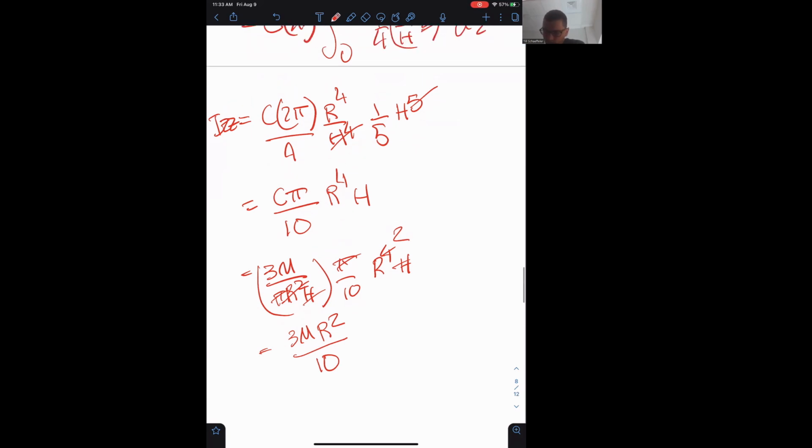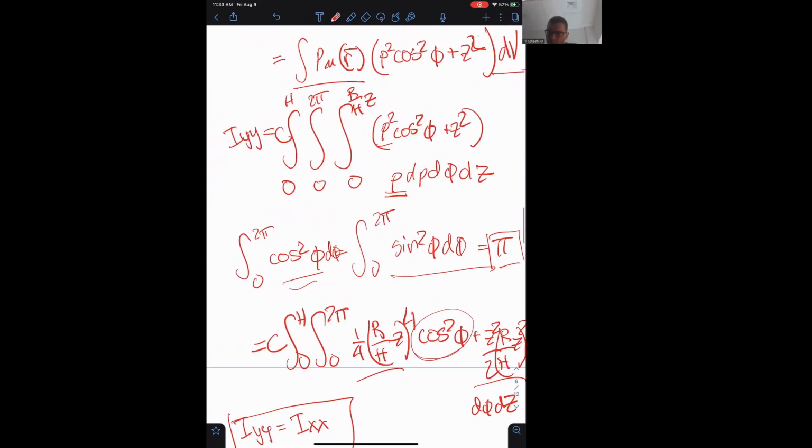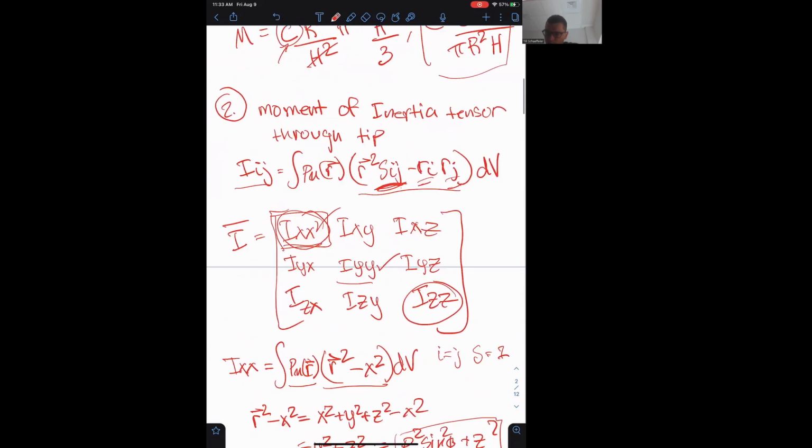And we can check again. This has the correct units again, which is good. So that's easy. Okay, so now we've found all 3 diagonal elements, which is good. Technically we have 6 more elements to find in this tensor.